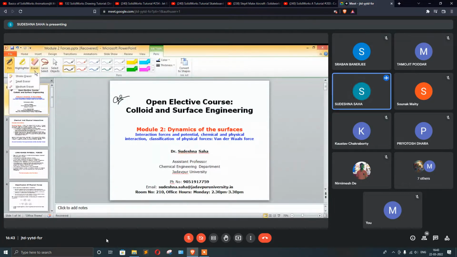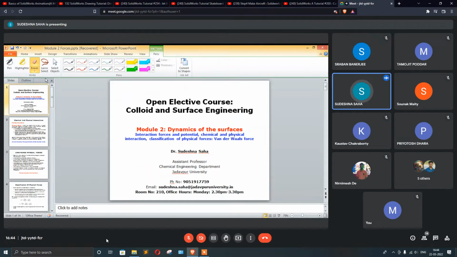Today we are going to move from module 3 to basically module 2, where we will be talking about dynamics of the surfaces, and obviously the interaction forces involved for the surface and the potential, and then the chemical and physical interactions, classification of physical forces, and mostly we will be talking about the van der Waals forces, because they have enormous applicability towards colloidal systems. And also we will talk about some other forces which are very important for colloidal systems.